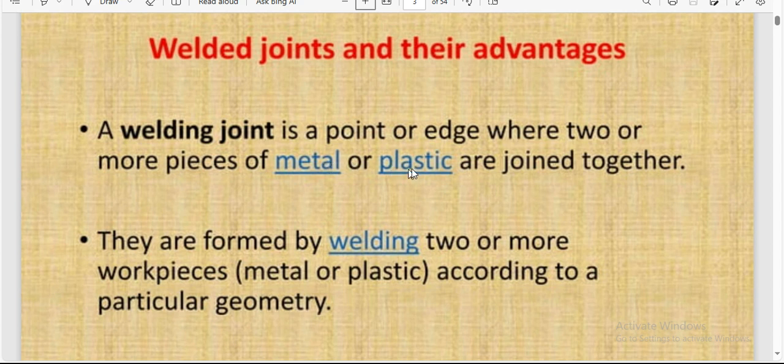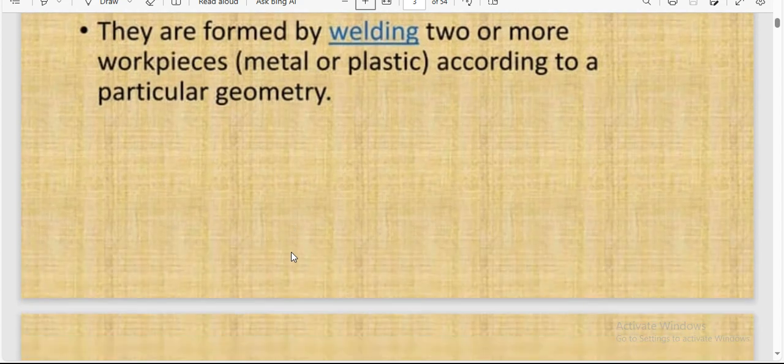These parts may be plastic or metal. They are formed by welding two or more workpieces according to a particular geometry.